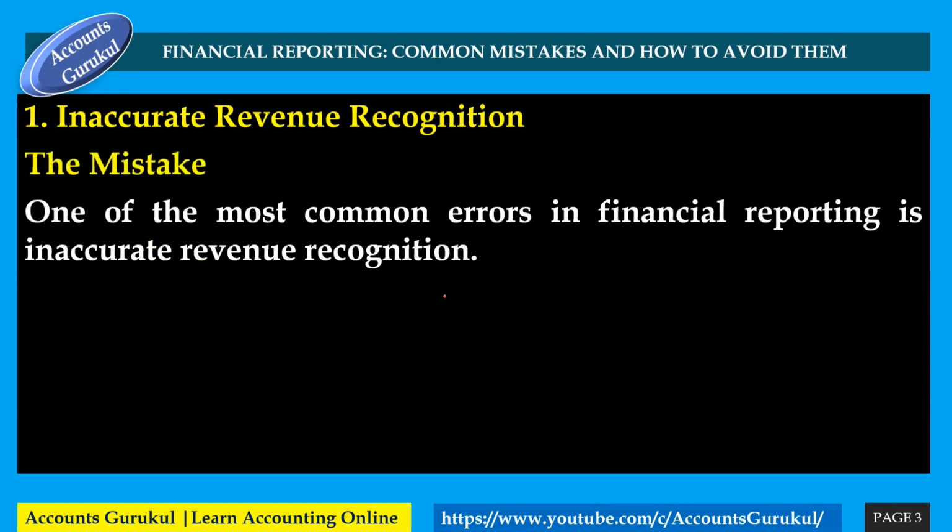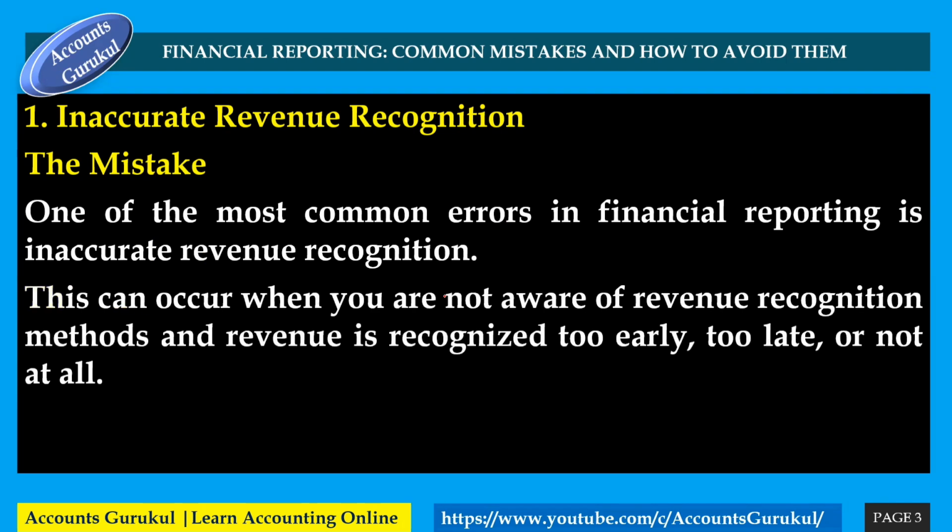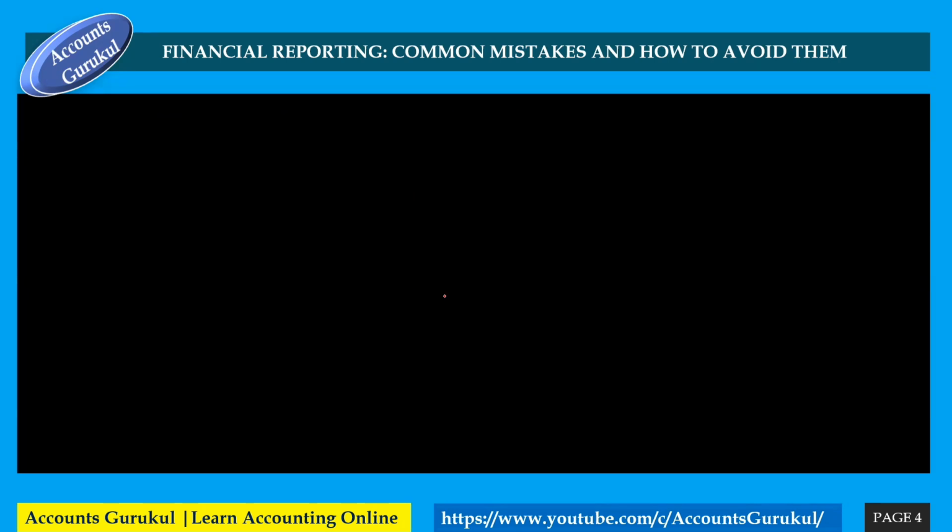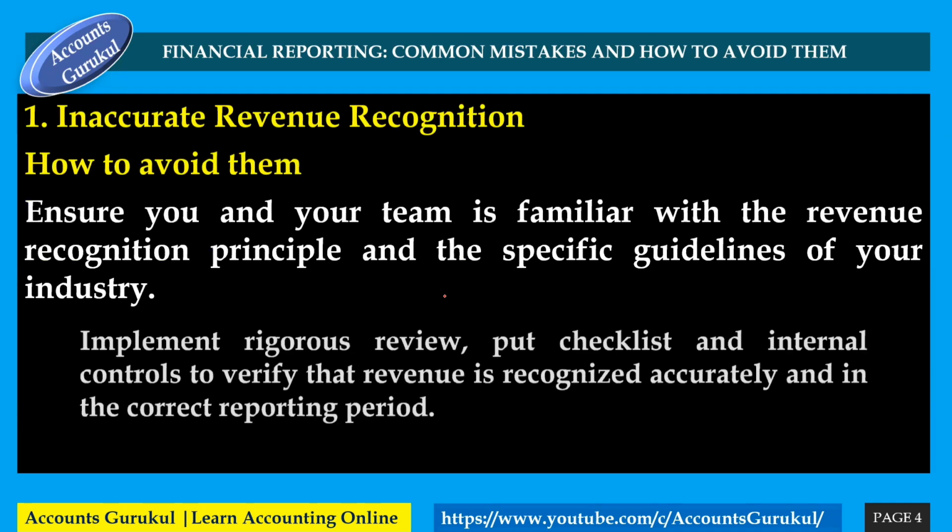Inaccurate revenue recognition: one of the most common errors in financial reporting. This can occur when you are not aware of revenue recognition methods and revenue is recognized too early, too late, or not at all. That creates a mistake. How do you overcome that?